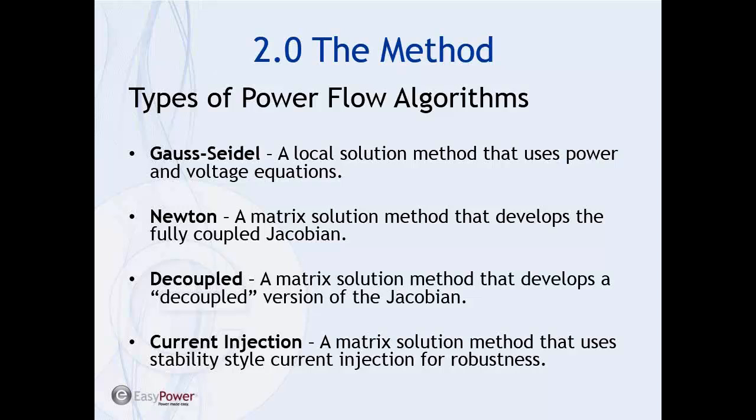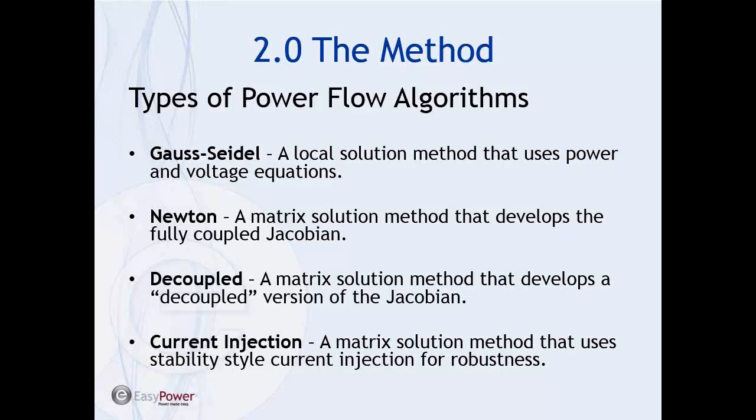Gauss-Seidel is fairly stable, but when you start iterating and get down close to your solution, it takes more and more iterations to actually get down there. Whereas the Newton has a differential, or a rate of slope, by which it can attack the solution. And as you get closer, it just goes faster. So it can nail a solution really fast if it's a fairly stable network.